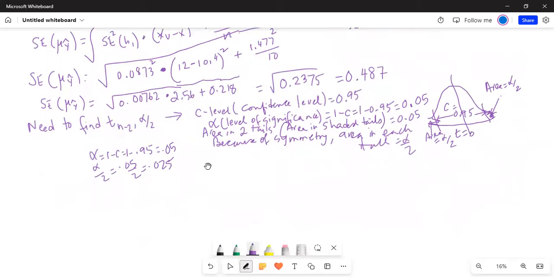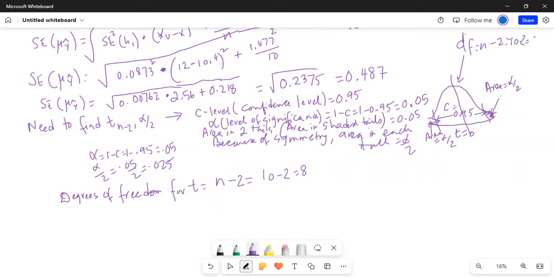Okay, so let me create some space. My degrees of freedom for T is sample size minus 2. So n is 10, minus 2 is 8. This curve is for degrees of freedom n minus 2, which is 10 minus 2, equal to 8.